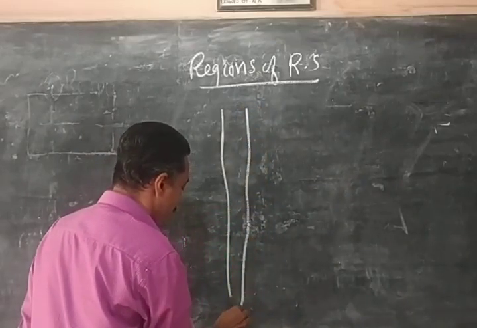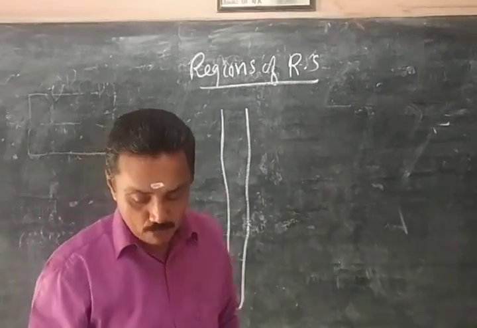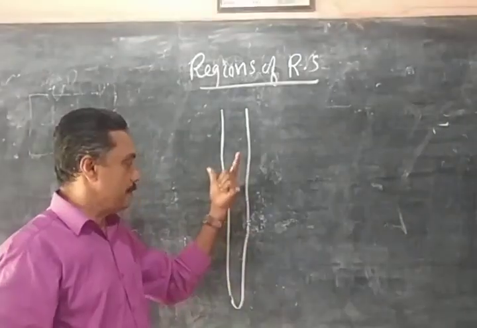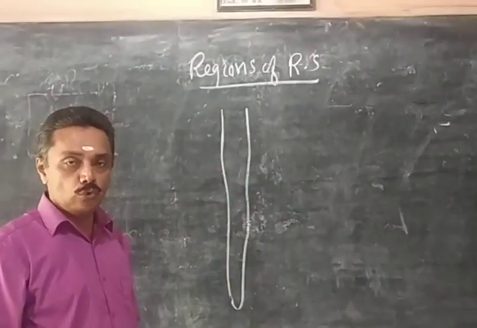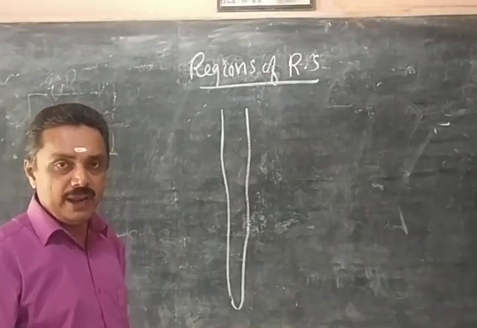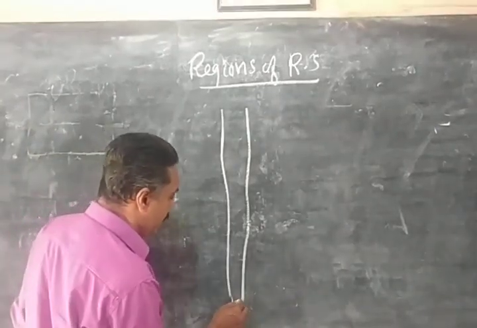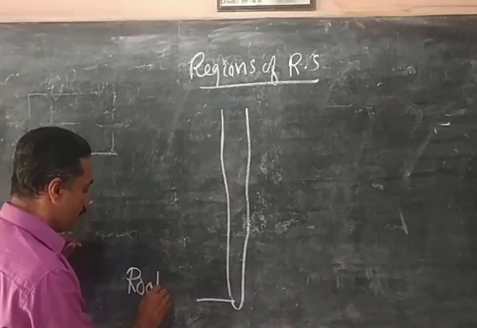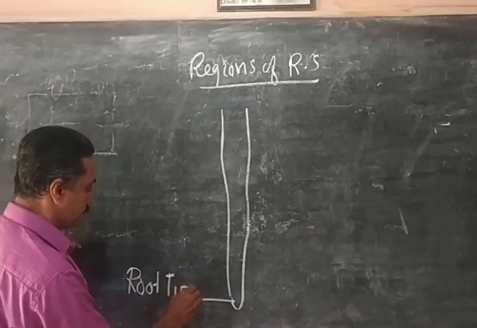What are the parts of the taproot system, the regions of the root system? See, this is the main taproot, a main axis, and on this main axis there is a tip region. The tip of the root is called the root tip.